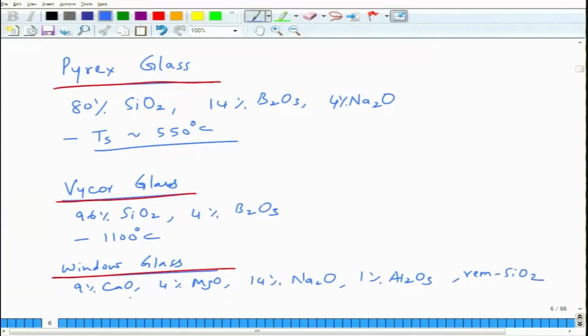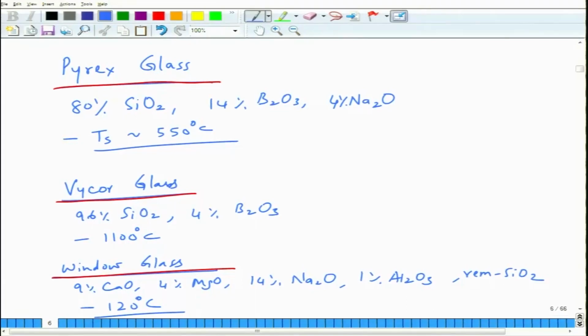This has a softening temperature of about 120 degrees centigrade. So it is useful only for low temperature applications, all right. But it can be formed into shapes very easily at lower temperatures. As a result, it's a very popular glass.